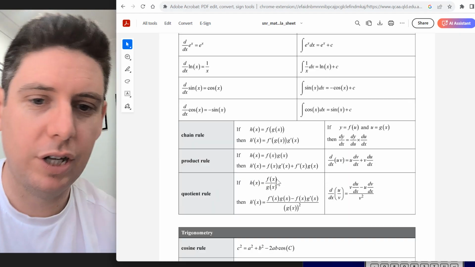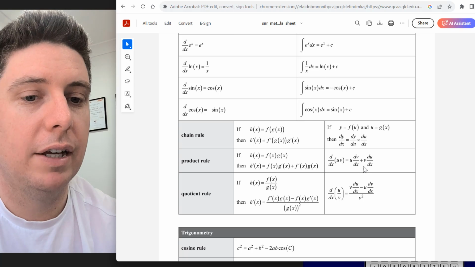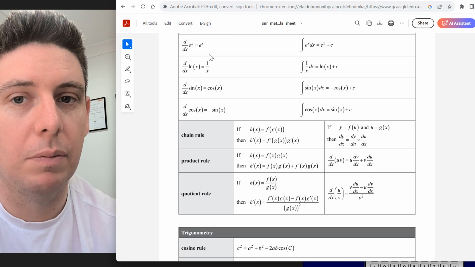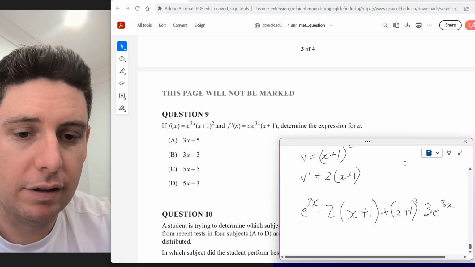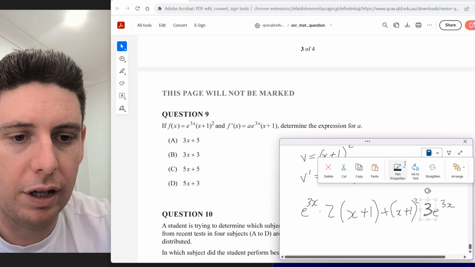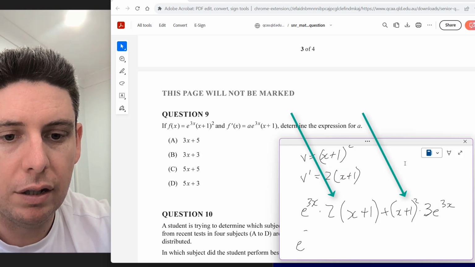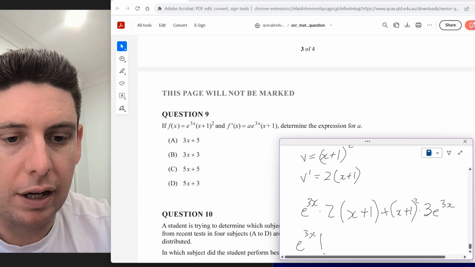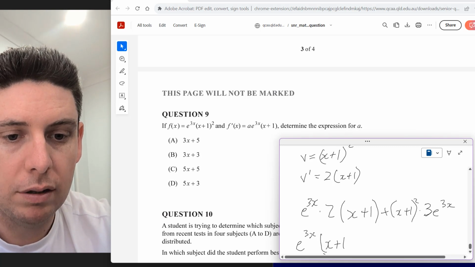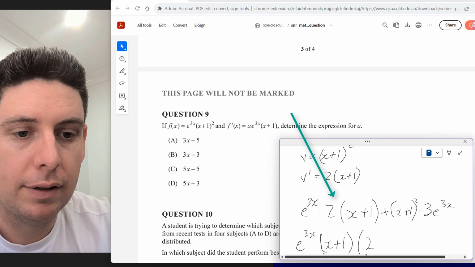So if we go to our formula sheet, the first function multiplied by the derivative of the second, plus the second multiplied by the derivative of the first. So then if we factorize this, so there's two things, factorize them both. They both have e to the 3x, and they both have x plus 1. And so the first one, if we divide by this, you've only got 2 left.